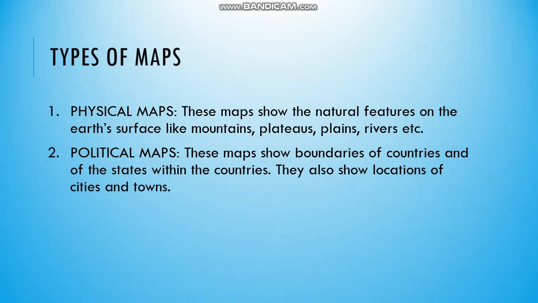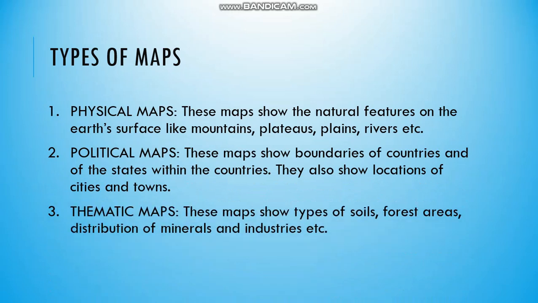They also show locations of cities and towns. Third, thematic maps. These maps are used to show different types of resources in a particular area. For example, type of soil, forest areas, distribution of minerals and industries, etc.